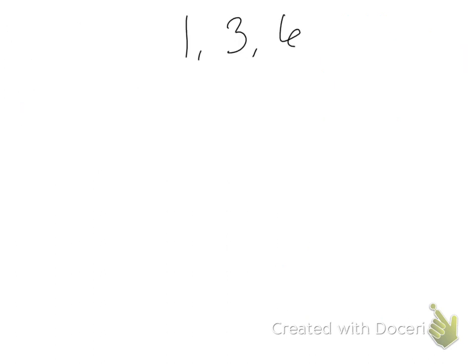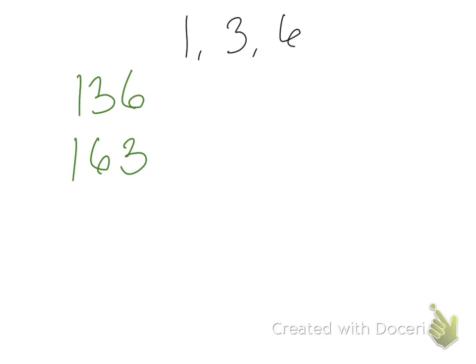Okay. All right, so here I have 3 different numbers, 1, 3, and 6. And I want to make as many three-digit numbers as possible using these numbers. And I can only use these numbers once. Okay. So I'll have 136 or 163.